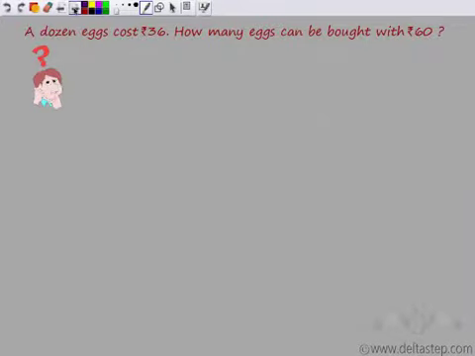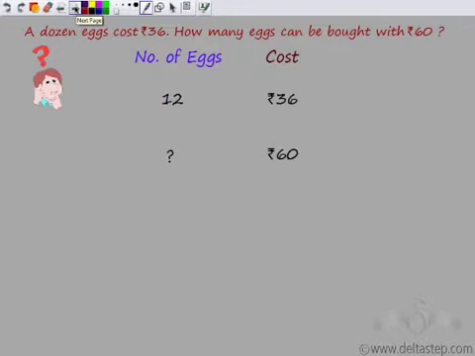Now, if I give you 60 rupees, how many eggs will you be able to buy from that, knowing that a dozen costs 36? Again, we know that the number of eggs and cost are in direct proportion. So, this is what we know, that 12 eggs cost 36. We do not know the number of eggs we wish to buy, but we know that we have 60 rupees and we want to find the number of eggs we can buy with 60.